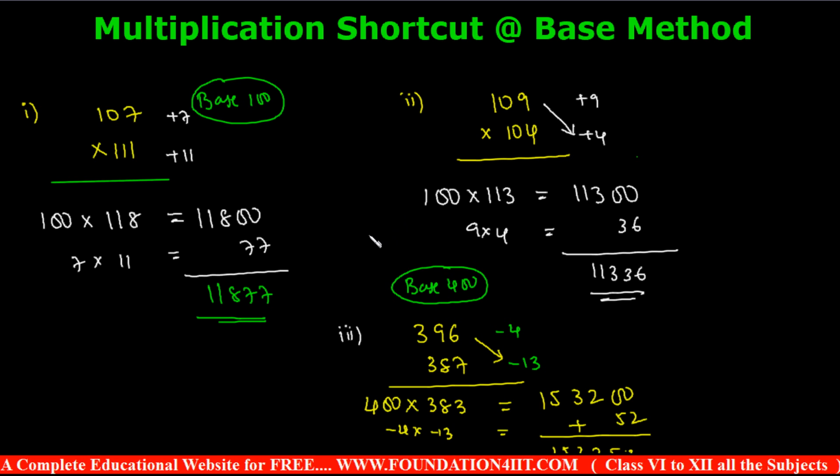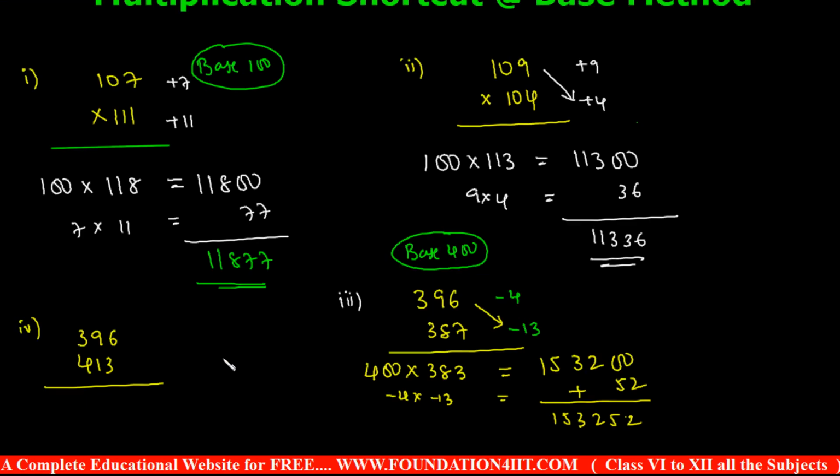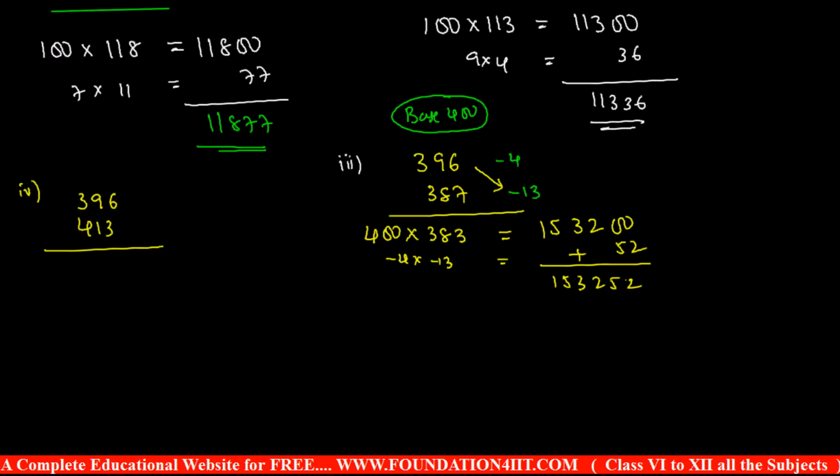Let us take one example where one is more and one is less. For example, 396 times 413. If you observe, 396 is minus 4 compared to 400, and 413 is extra 13. So 400 into cross adding or cross subtracting: 413 minus 4 is 409.